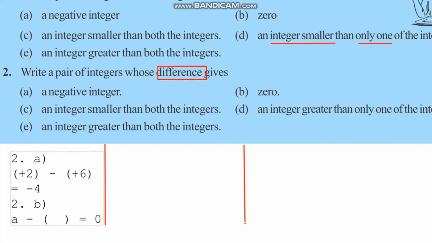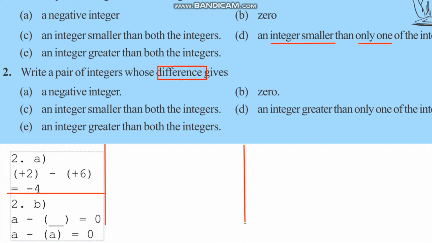Let me separate the previous question from this question. So what is it that we are subtracting such that the difference is 0? You have to subtract the same thing. So A minus itself is going to give you 0, correct? You can substitute A with any integer, positive or negative, and you're going to end up with the answer as 0.